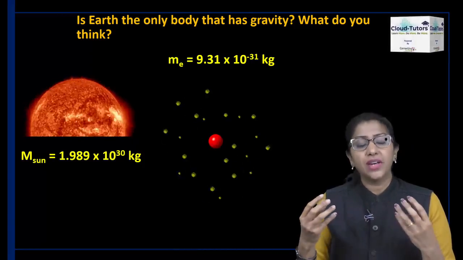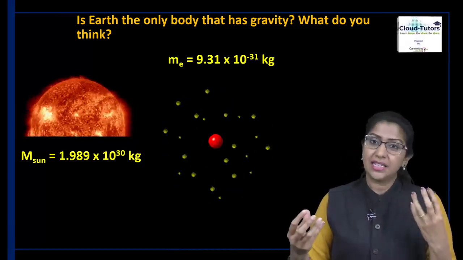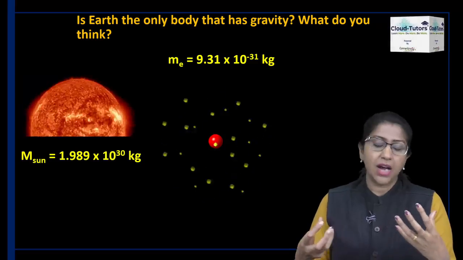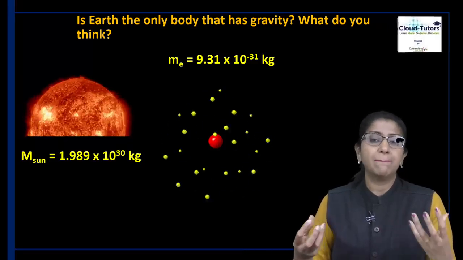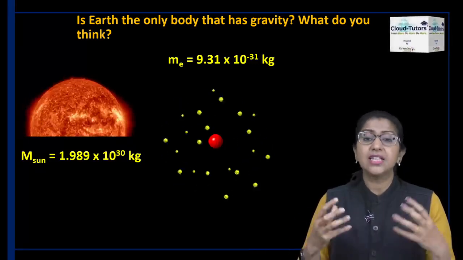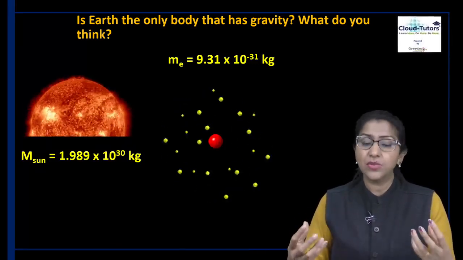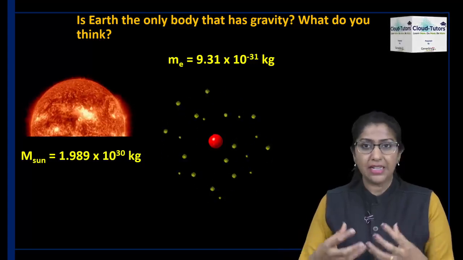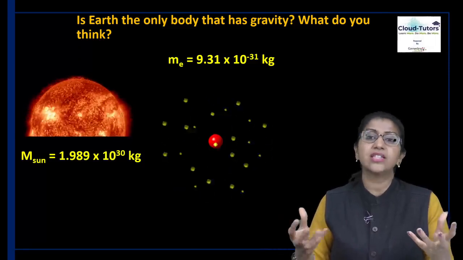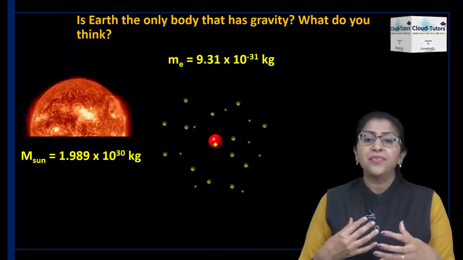So to give you an idea of how tiny or how large it could be, take a large mass such as our sun. The sun is humongously large compared to any of the other planets in the solar system. That is exactly why all the planets in the solar system revolve around the sun, right?